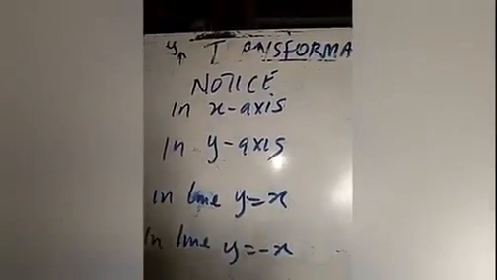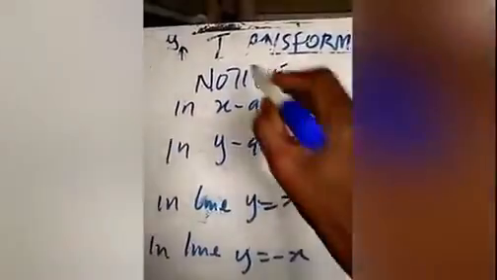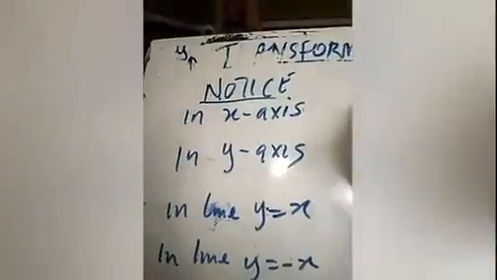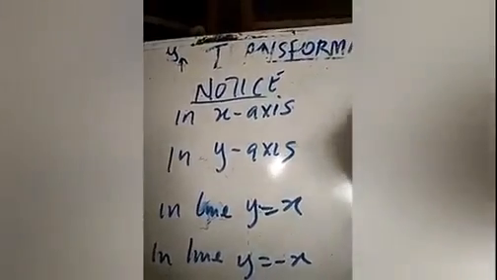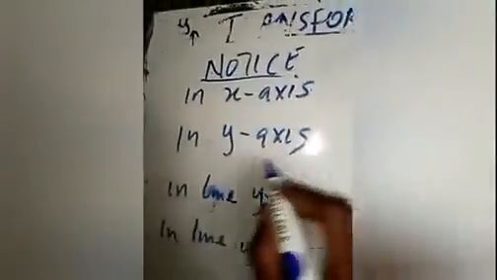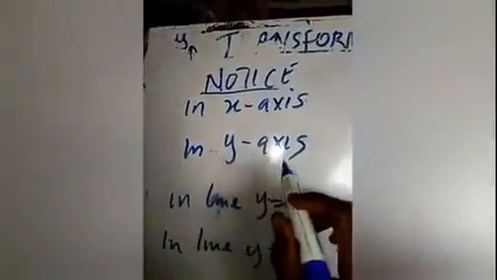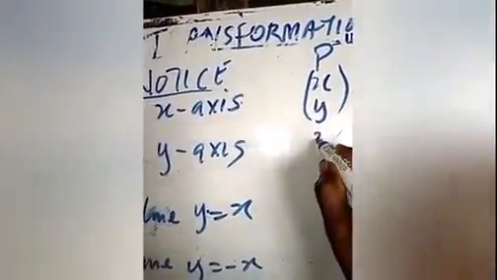Now if you have been following, you will notice what I have done in those examples so far. In the x-axis, x column y for my object maps onto my image as x remain, but minus y happens. For the reflection in the y-axis, I have x, y mapping to minus x, y.